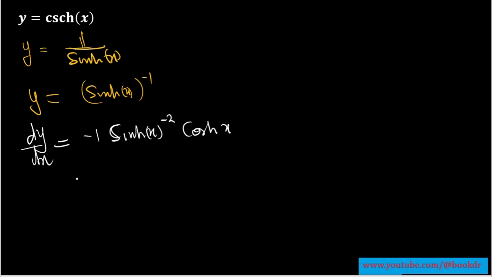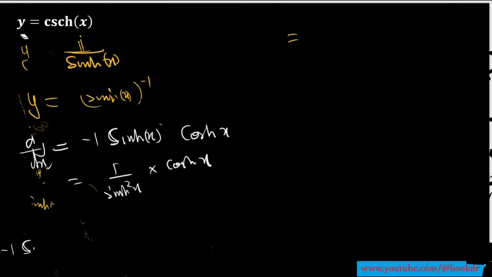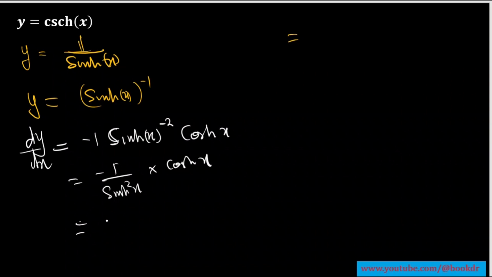The power negative 2 can be written as negative 1 over sinh square x multiplied by cosh x. We can rewrite this as negative 1 over sinh x multiplied by cosh x over sinh x. When we multiply back, we get what's at the top.